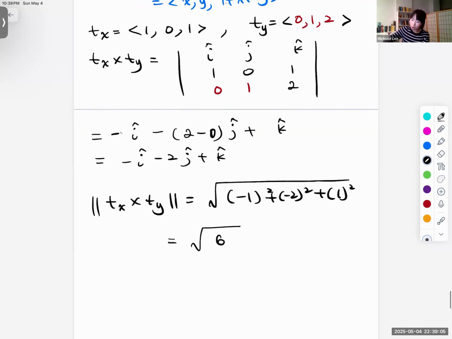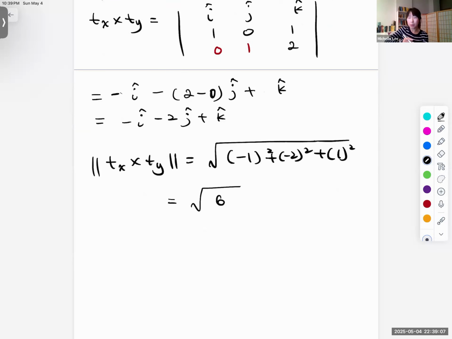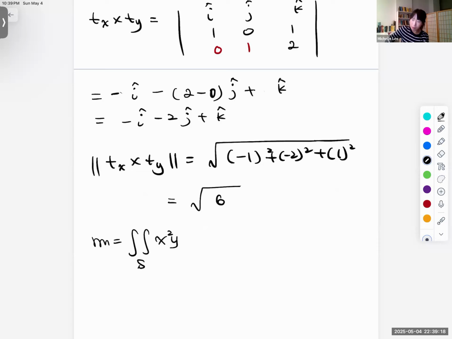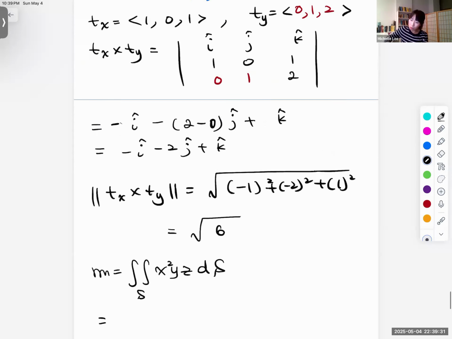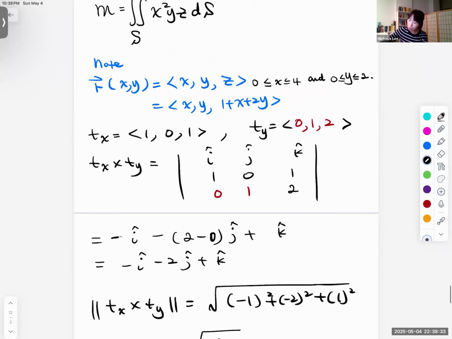All right. So let's integrate. So mass, which is, over S, we have x squared y z ds, corresponding to the magnitude of this, and then the x dy, right? All right, so which number? We can use either one, right?